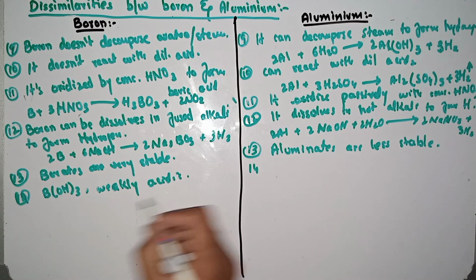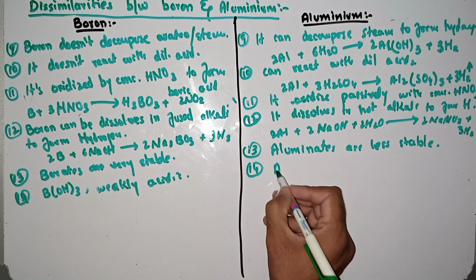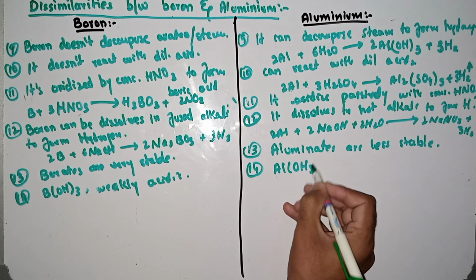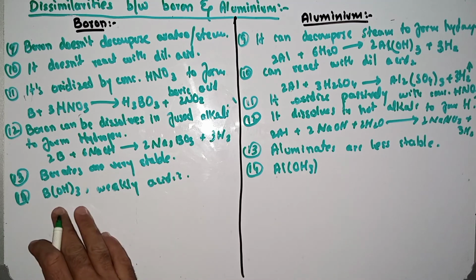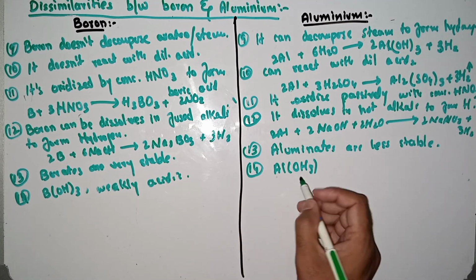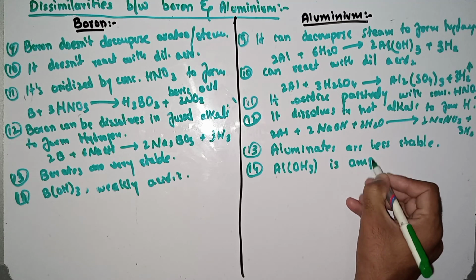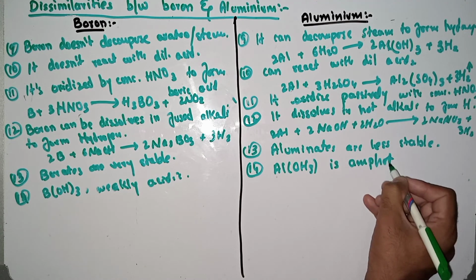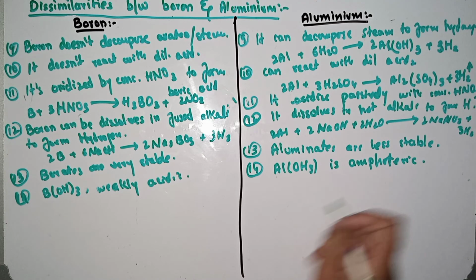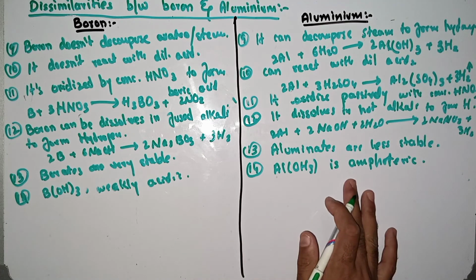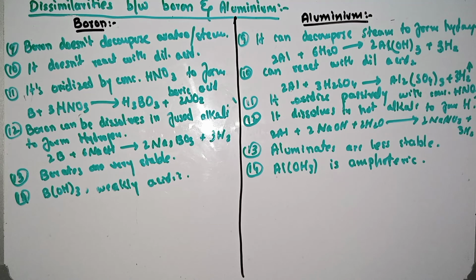That is 14 points. The hydroxide of boron is weakly acidic, while the hydroxide of aluminum is amphoteric. I hope you know what an amphoteric substance is: it can act as an acid as well as a base at the same time.